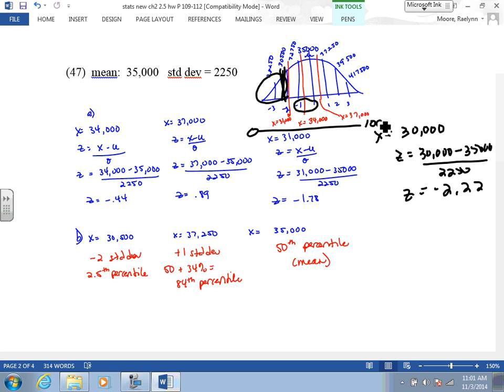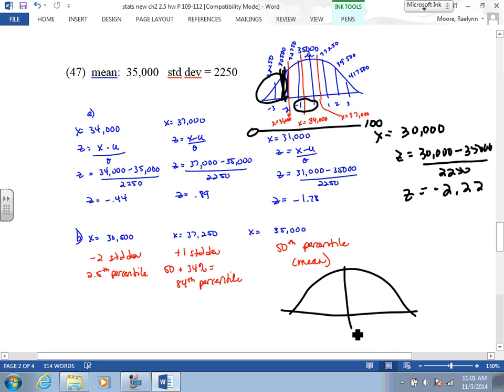I didn't put it over anything, I just added your percentiles up from your chart. Say that again? Well, you can't use the formula only because the formula says how many of them were to the left. They didn't tell me how many. So I have to go to my chart, my curve that looks like this, and this says 1, -1, 34%, 34%. 2, -2, I forget what the numbers are. It's in your book, or it's the one that I gave you from the Regents.